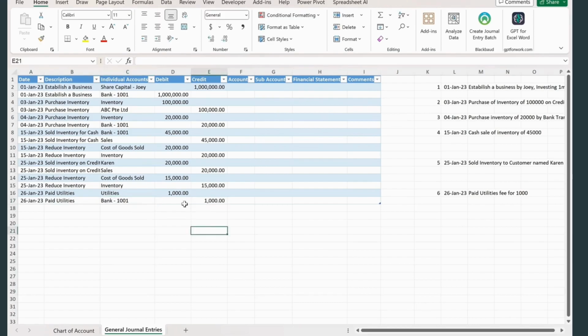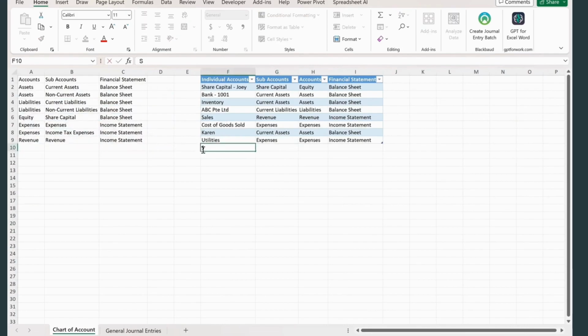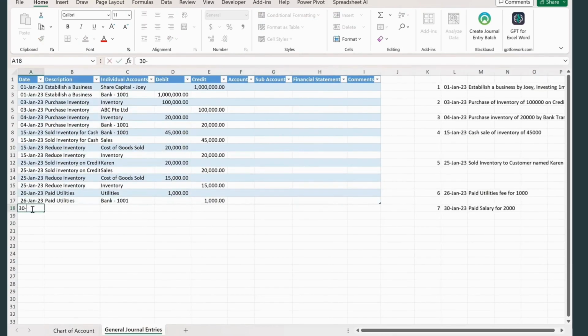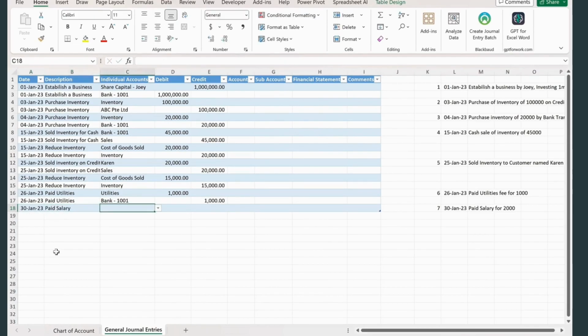We credit our bank by 1,000. We paid salary for 2,000. We create salary account. We paid salary 2,000. We credit bank 2,000.